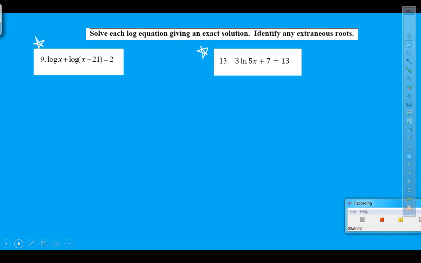So here goes. I'm going to write this as log base 10 of x times x minus 21 equals 2. Let's write it as an exponential now. 10 squared equals x times x minus 21.